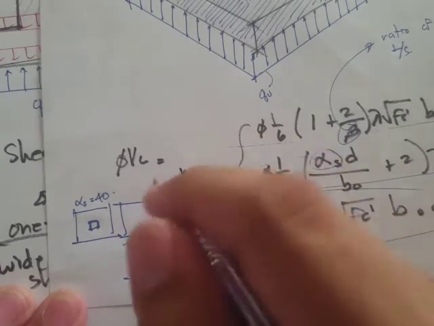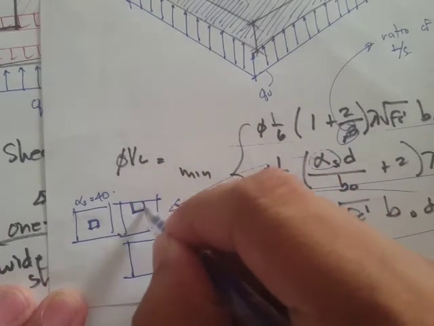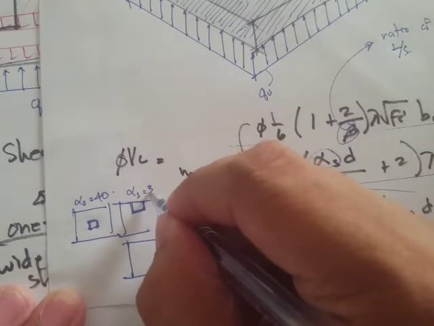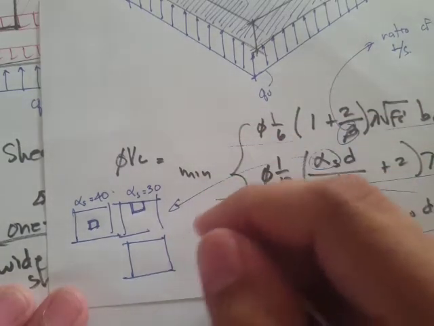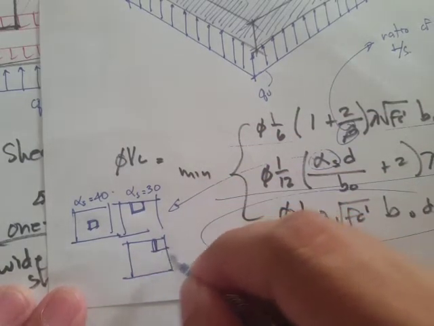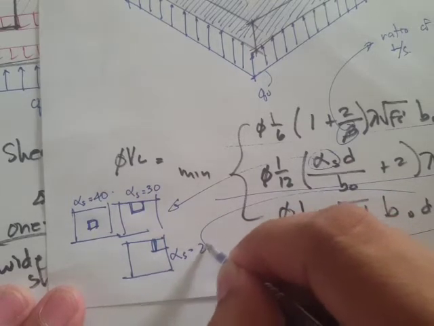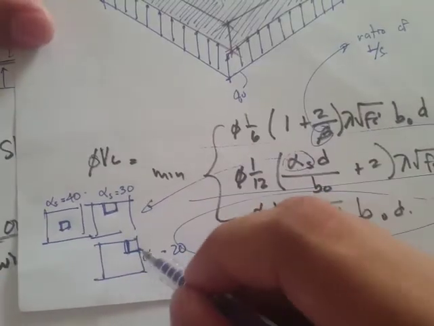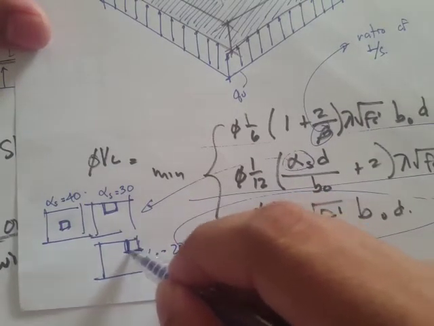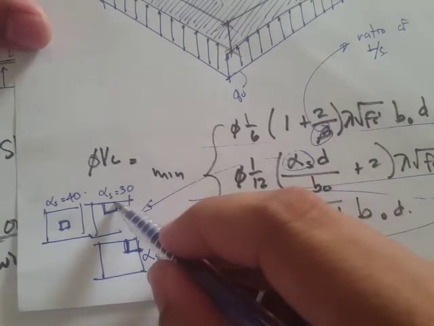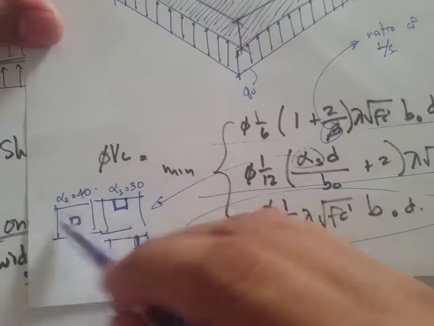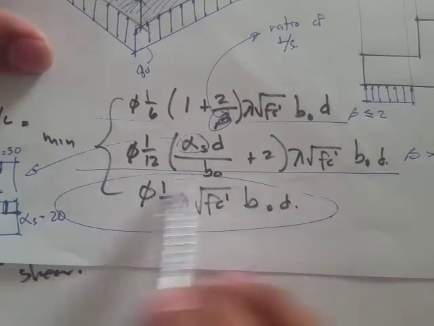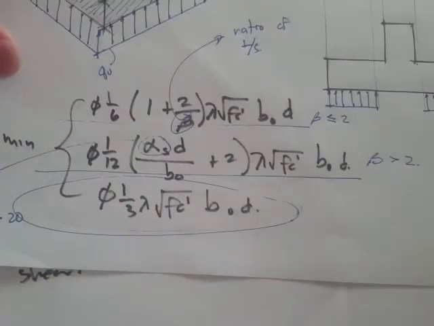Now for the edge, meaning you have this column along the edge, then this alpha s is 30. And if you have a corner column, then this alpha s is equal to 20. So you can just count the sides. For this corner, you have 1, 2, so you have 20, and then for this edge 1, 2, 3, then for the interior 1, 2, 3, 4. Anyways, we'll focus only on this criteria.